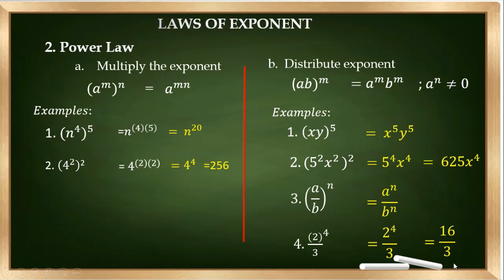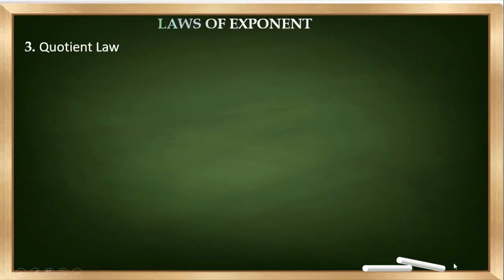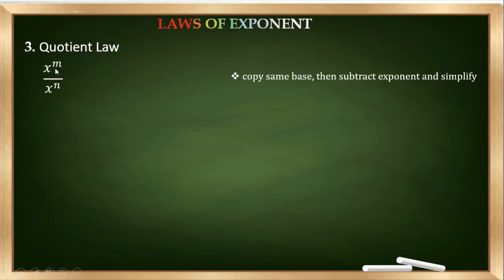Okay? So, next is we have the quotient law. So, kapag sinabi natin quotient, involved ito ang division. Okay, so we have here x raised to the m power over x raised to the n power. So kapag division or quotient law, ang gagawin natin is copy same base, then subtract the exponent and simplify.